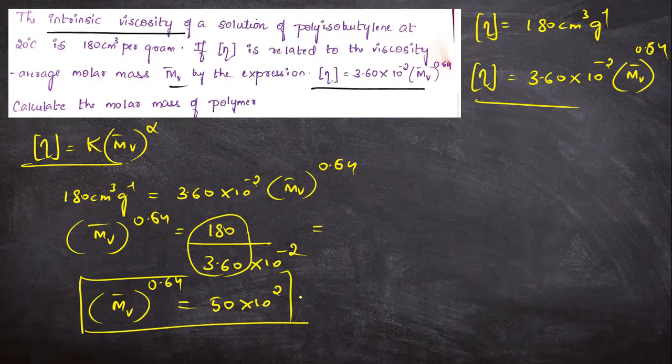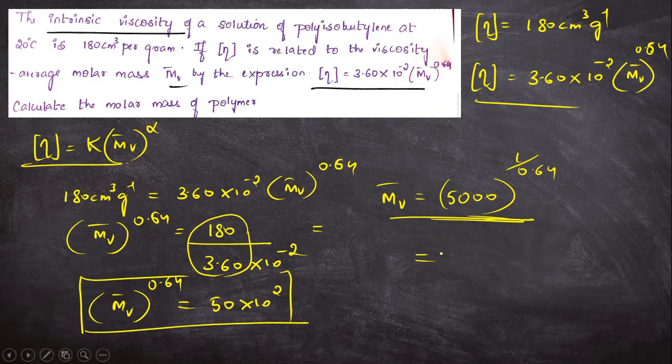But definitely it will be asked in the GATE examination, because a virtual calculator will be allowed there. So like Mv, it is 50 into 10 raised to 2, it is 5000. It will be 1 upon 0.64. So it is impossible, according to me, to calculate without a calculator. So don't worry, it won't be asked in the NET examination.